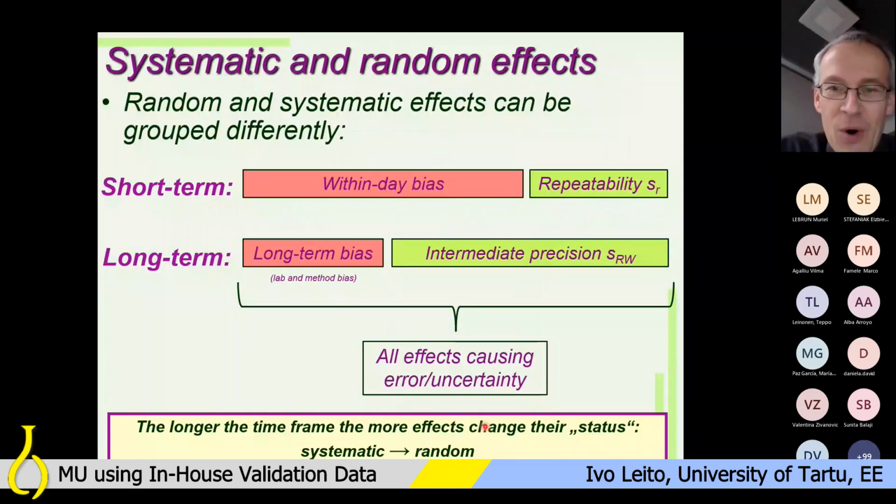But now, before going to the approaches, it's also quite useful to look briefly at a division between different effects that affect your measurement result. It turns out to be useful to distinguish between a short-term and a long-term approach, or we can view things in a short-term or long-term way.